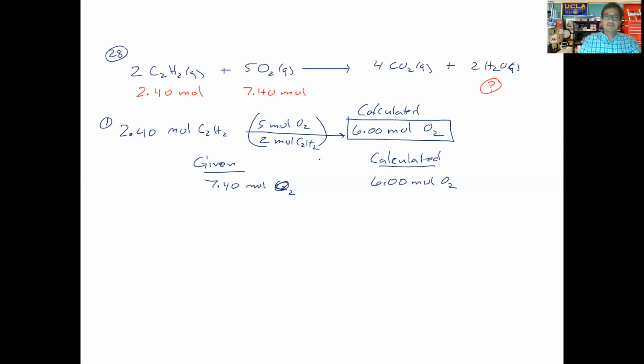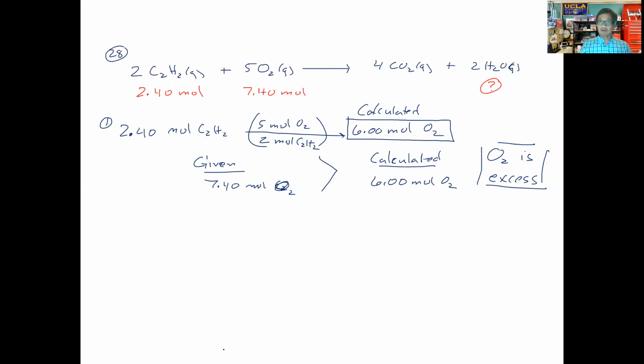Therefore, the given amount is greater than the calculated amount. What does this mean for us? We have more oxygen than what is needed to run this reaction, so oxygen is the excess reagent. That's what we are able to determine from this calculation.